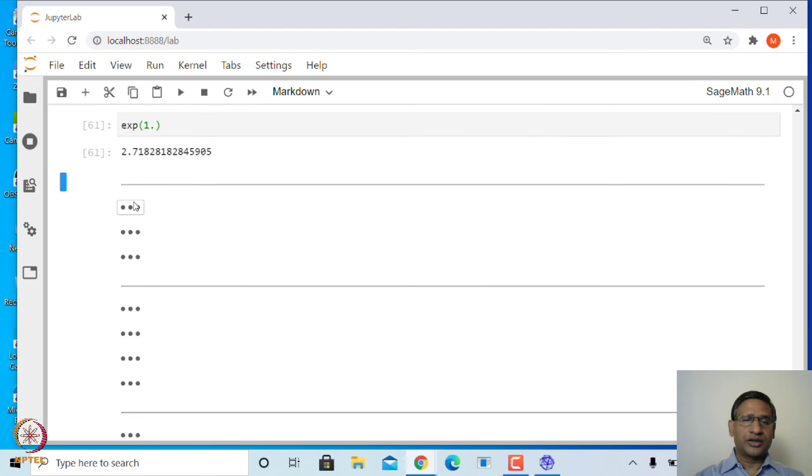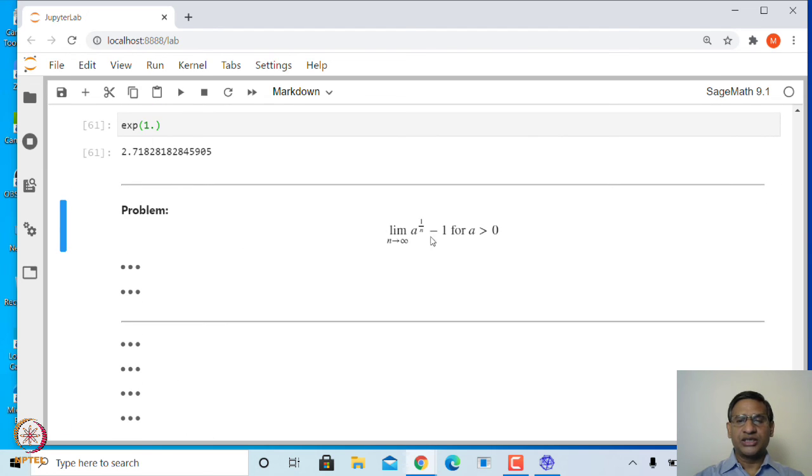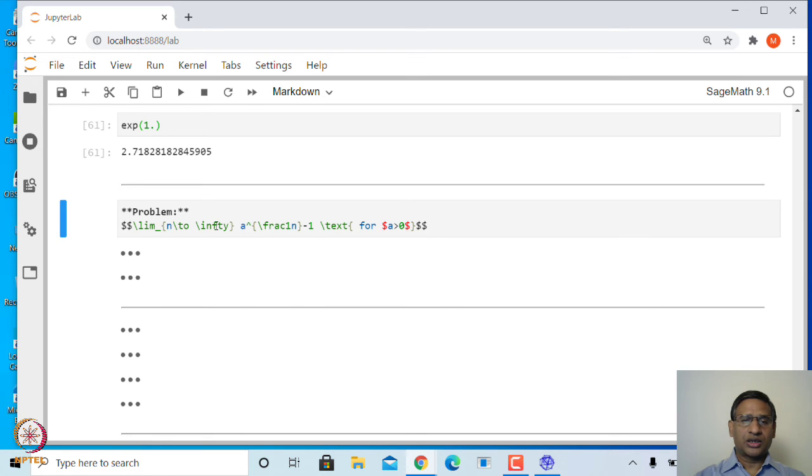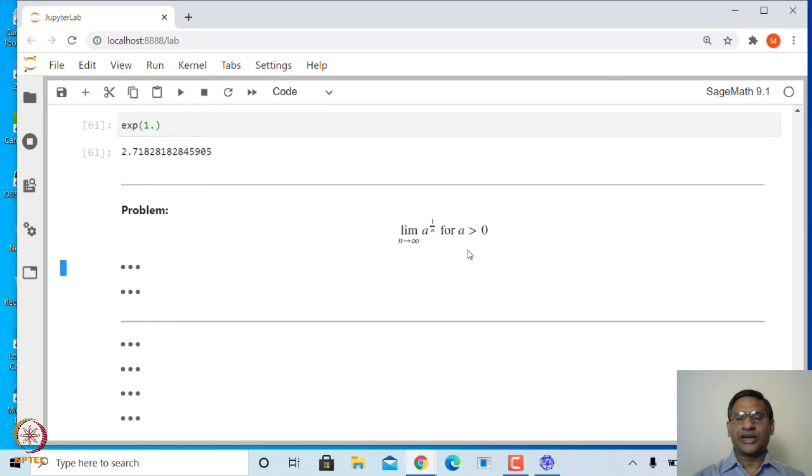Okay. Let us take another example. Suppose you want to explore a sequence, let us say a to the power 1 by n, for a positive. How do we do that? One way is you can take a particular positive value of a, look at that to the power 1 by n, and then plot the graph and find that limit.